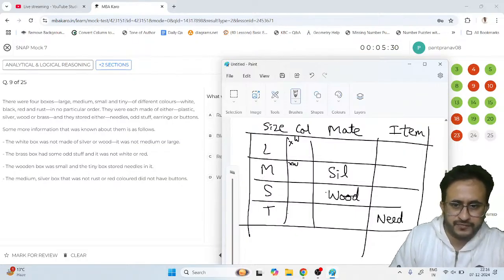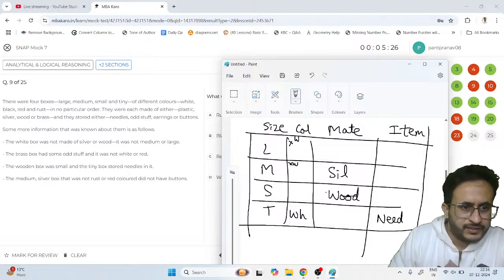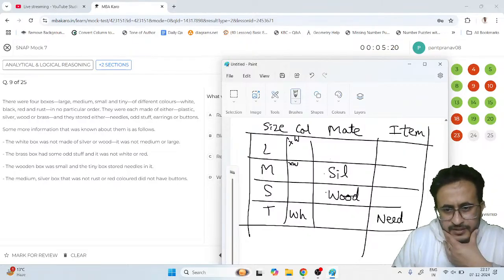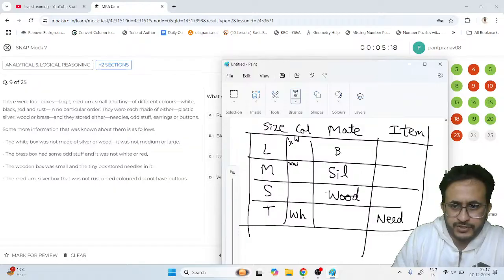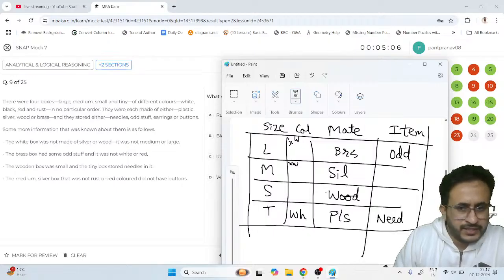Okay, so it is not white, so this is white in color. Then the brass box had some odd stuff and it was not white or red. So this is the brass box and it has some odd stuff in it, and not white or red. So we are left with the fourth category, that is plastic. And then we have colors also.